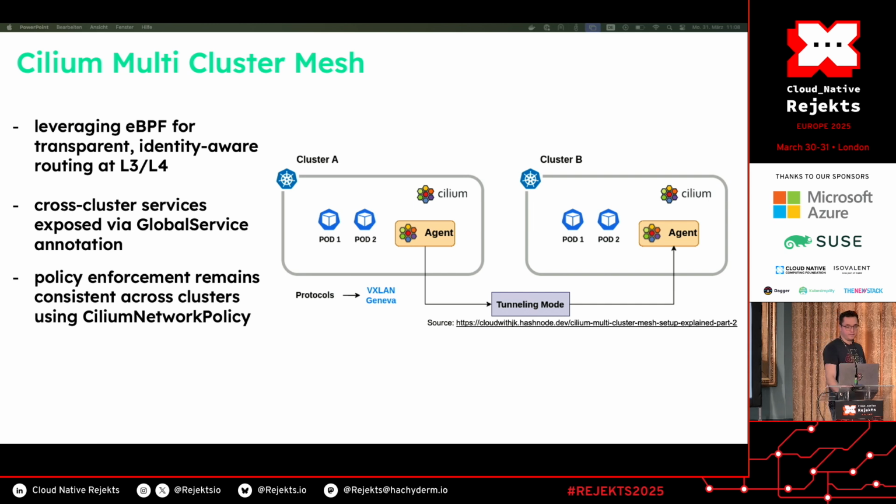And if one of the pods here wants to reach a pod on cluster B, the agent will intercept the HTTP request, rewrite it to the private IPs that you have in this cluster, and put it over either in tunneling mode through a VXLAN or per direct routing, depends on the case, puts it over to the cluster, and there the agent sees it again and can forward it to the actual destination.